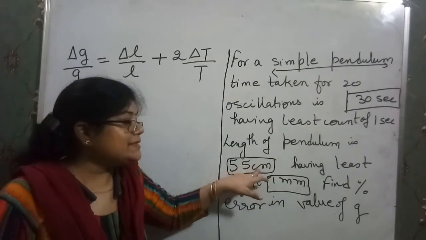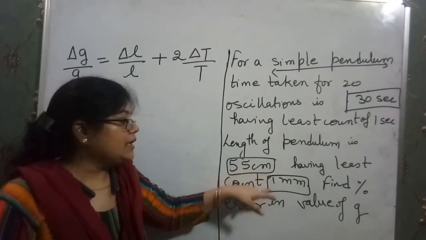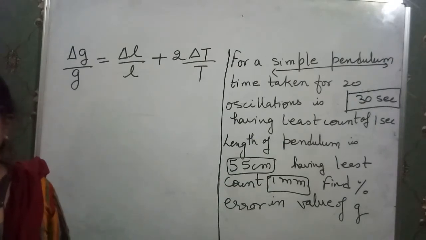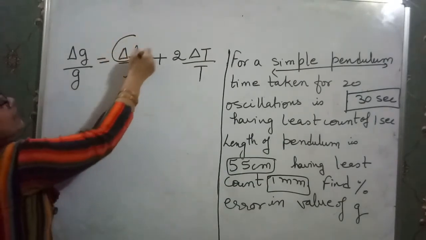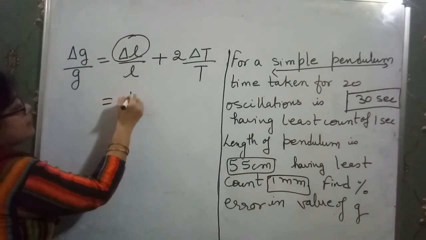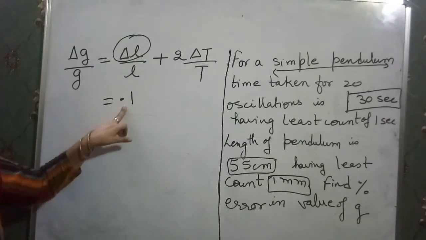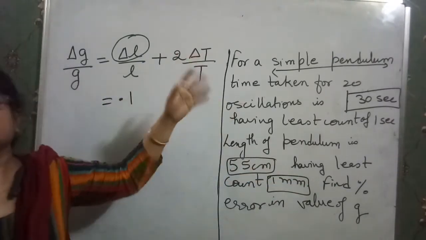So it is in centimeter, and this is in millimeter. When we convert millimeter into centimeter, we have 1 upon 10, that is 0.1. So in place of delta L, we write 0.1. We put the least count over here. If it is given in percentage directly, we directly put the percentage and solve the question.